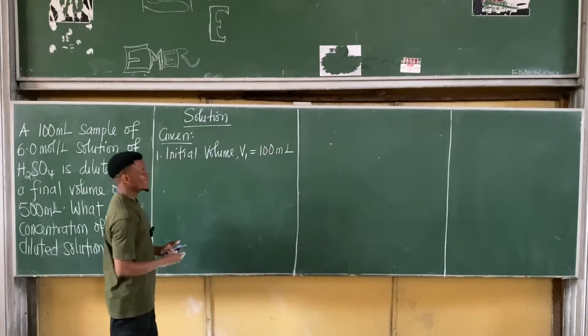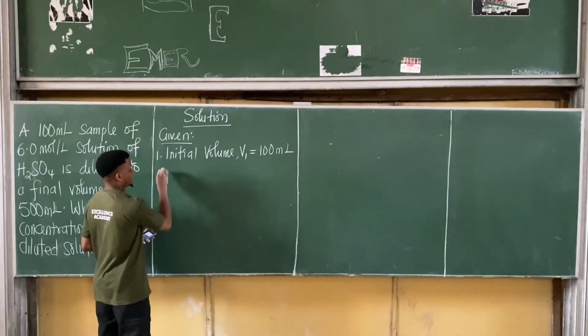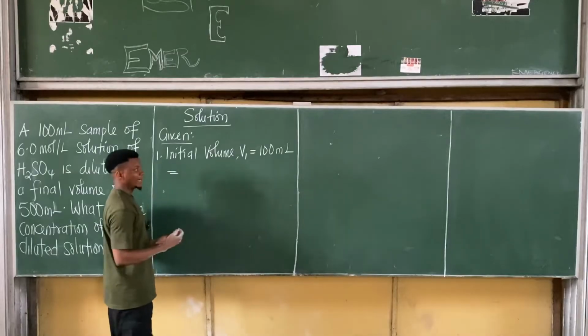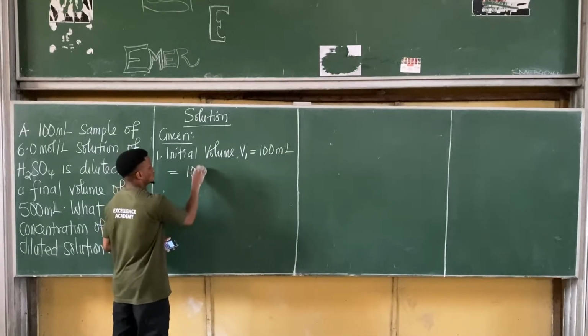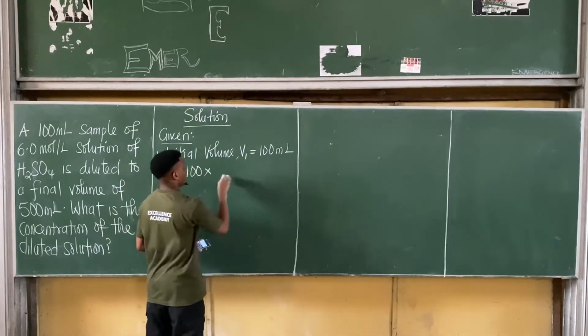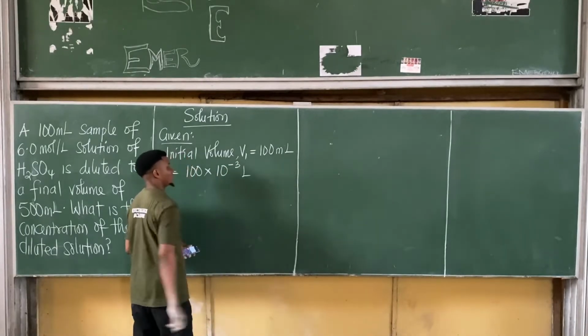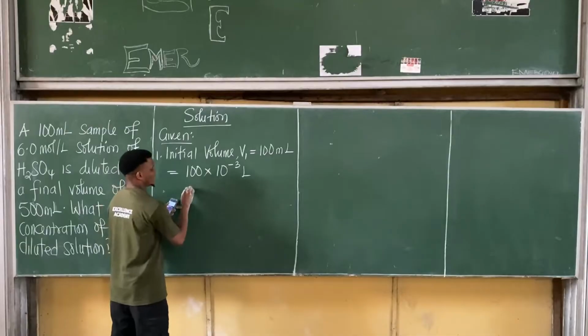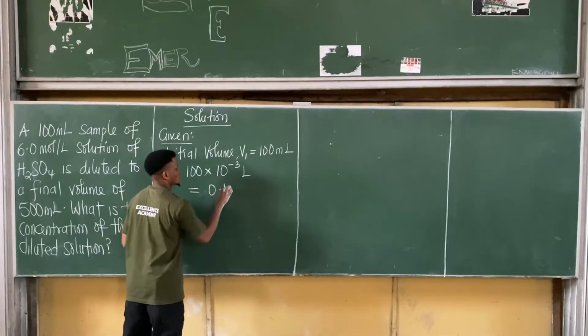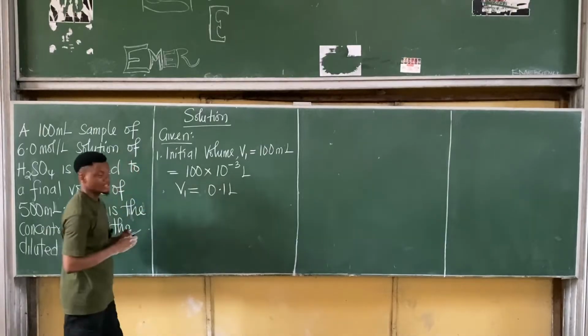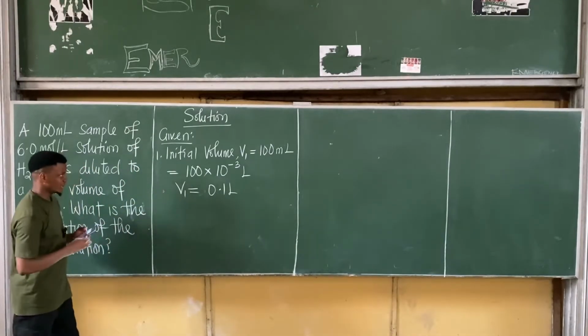So we'll have to convert this to liter. I said earlier that milli means 10 to the power minus 3. So it becomes 100 times 10 to the power minus 3 liter. If I multiply this, it gives you 0.1 liter. That means the initial volume V1 is equal to 0.1 liter.